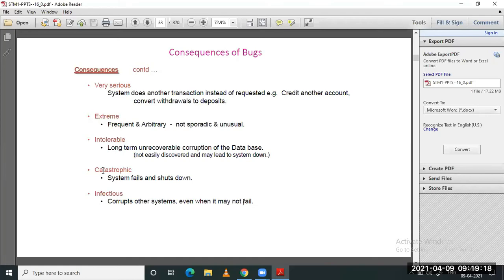Catastrophic means the system fails and shuts down; when you open the application, the system automatically fails and shuts down. Infectious means it infects other systems in the network. Okay, these are the types of bugs.